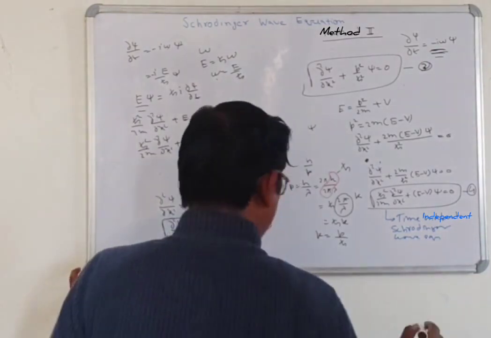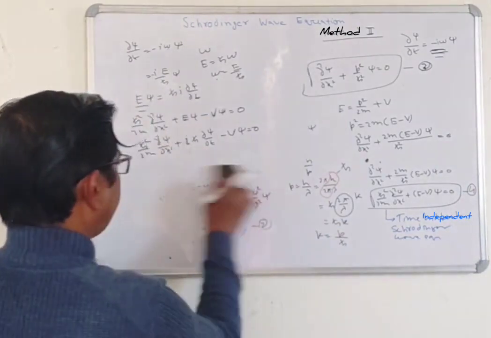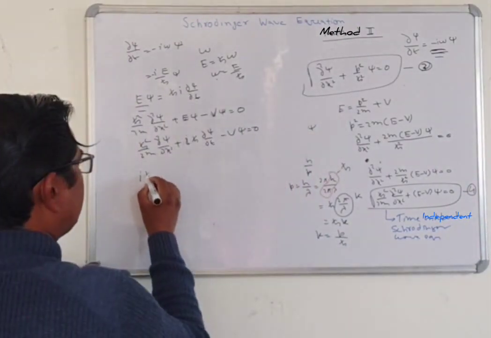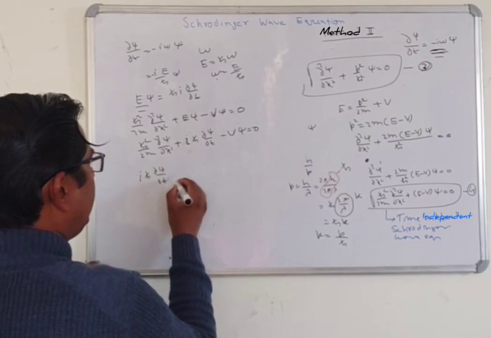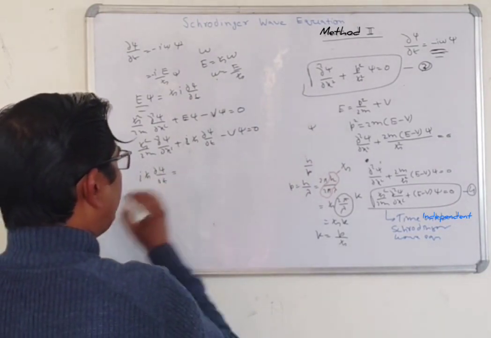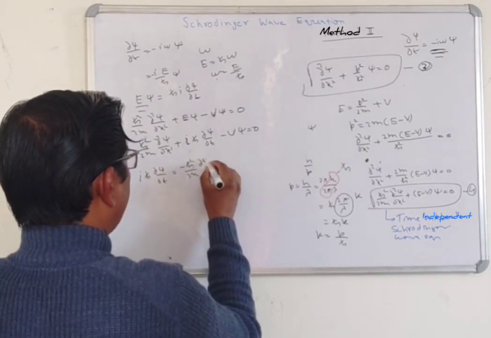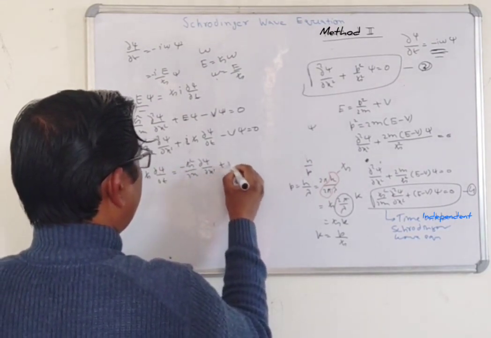And now we can write that i h cut d psi by dt is equal to minus h cut square by 2m d square psi by dx square plus V into psi.